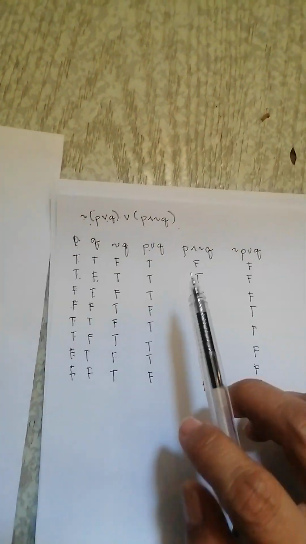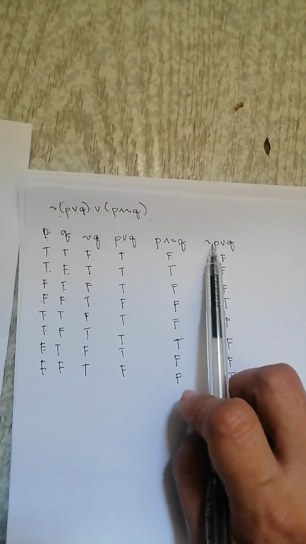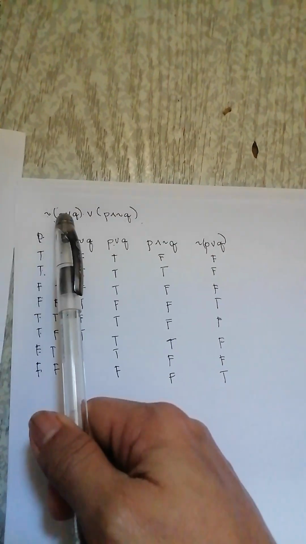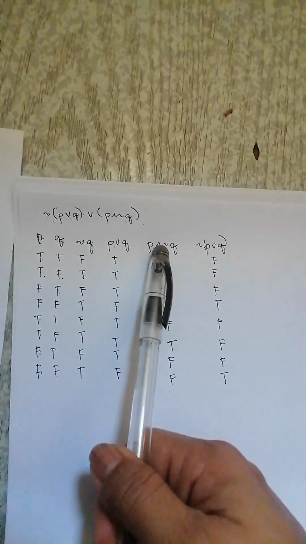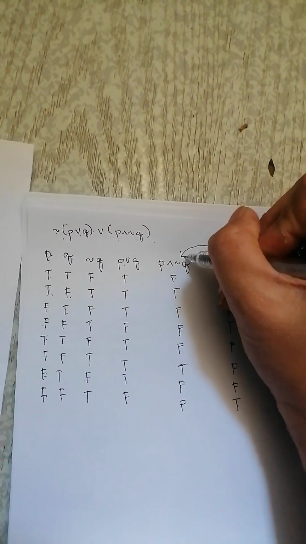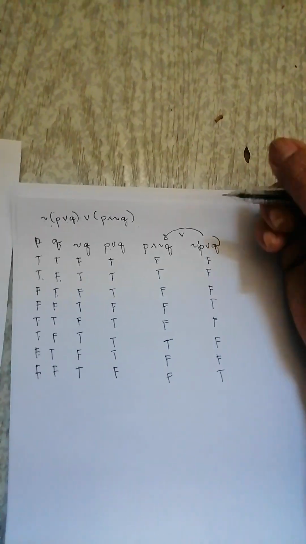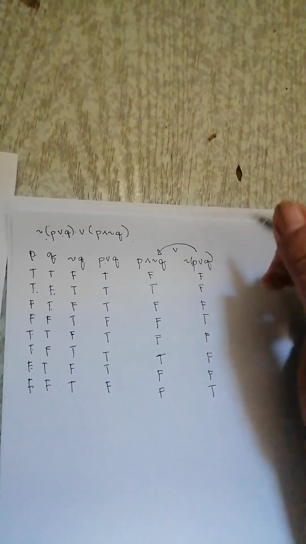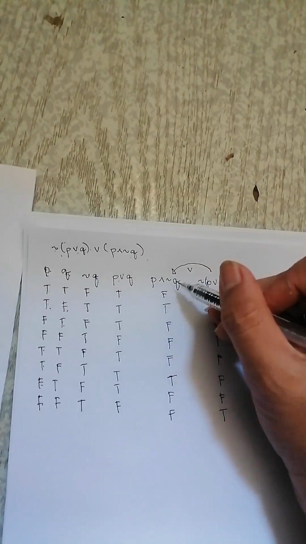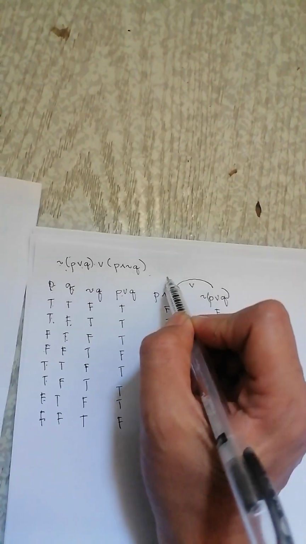Okay. So, meron na tayong negative. Okay. We have not P or Q, which is that one. We already have P and not Q. So, if we're going to solve this one, from here, going there. Okay, the not P or Q, or P and not Q, which is this one.